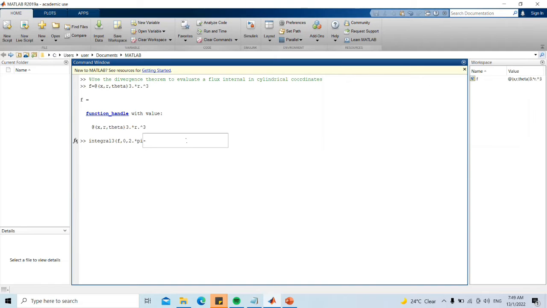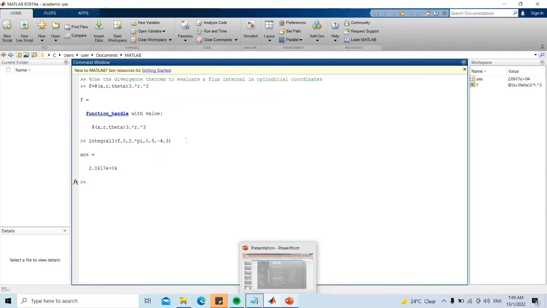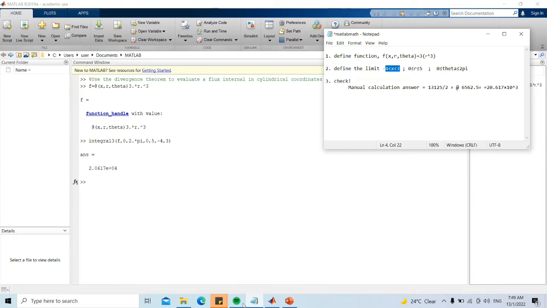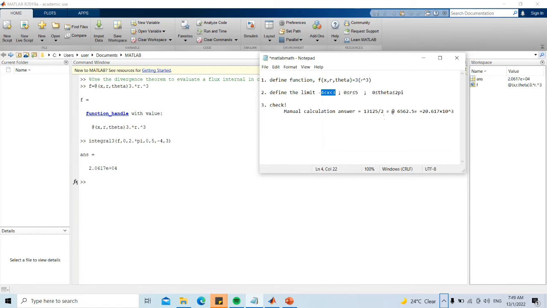So limit of x is -4 and 3. Close bracket, enter. So this is our answer that we get from simulation. As the result, the internal flux in cylindrical coordinate using MATLAB simulation is approximately the same as we calculate.